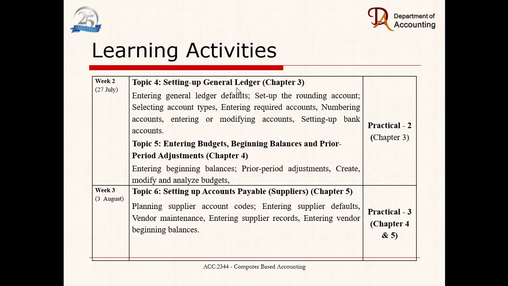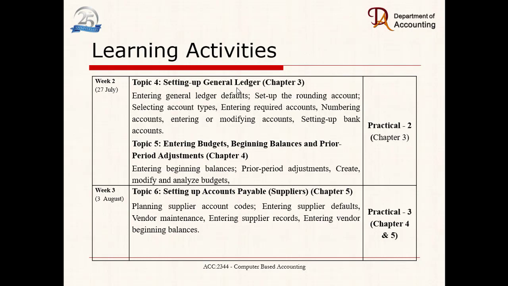Depending on the number of accounts that you have in your business organization, you would have to set these accounts. Similarly, you would have different incomes, like sales revenue and other incomes.